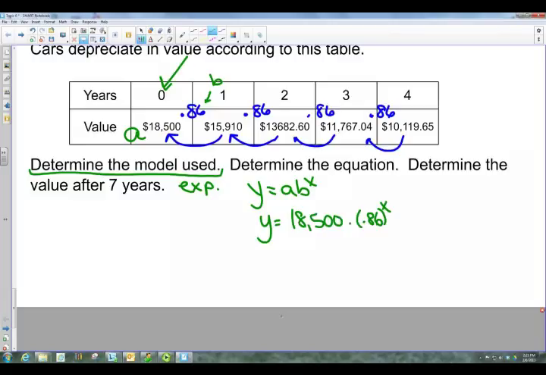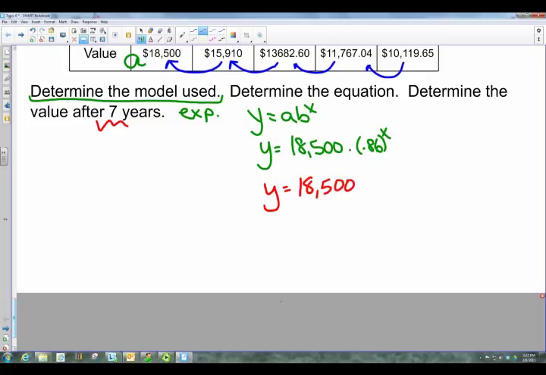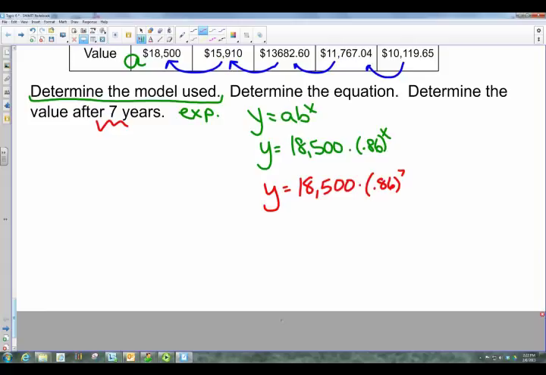There's your model. Now the last part of this problem says find the value after 7 years. What that means is your x value has become 7. Okay, so we're going to take our function right here and substitute in 7. So 18,500 times 0.86 to the 7th power. And from there, that turns into just a calculator problem.